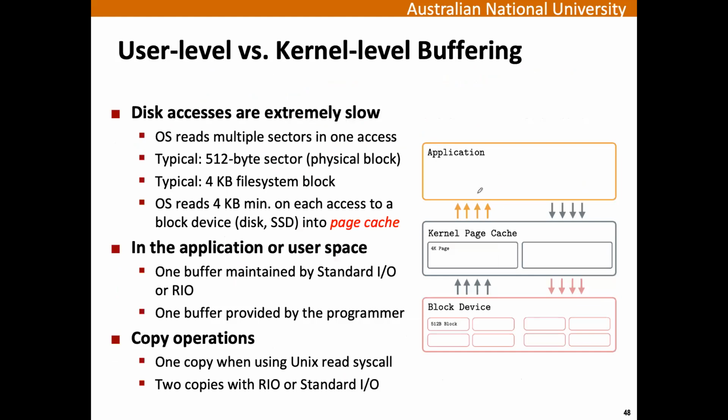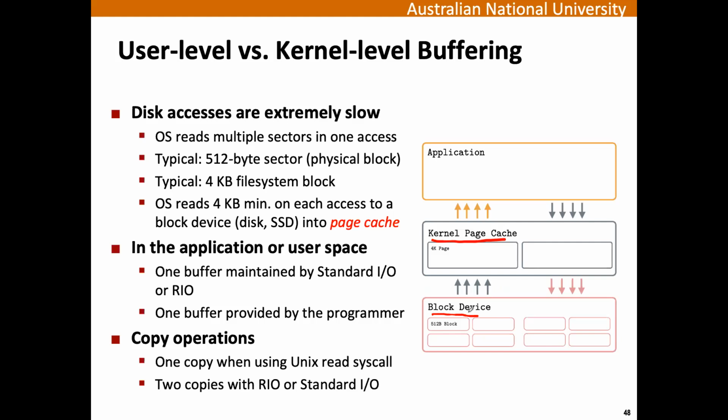There is something inside the kernel called the page cache. So there's an extra level of buffering, and this is the last level of buffering today. There's no more buffering after that. The OS is smart enough. The block devices, disks, solid-state drives, are really slow. In fact, these are not even byte addressable devices like main memory.